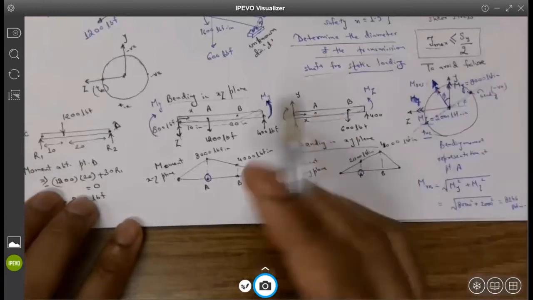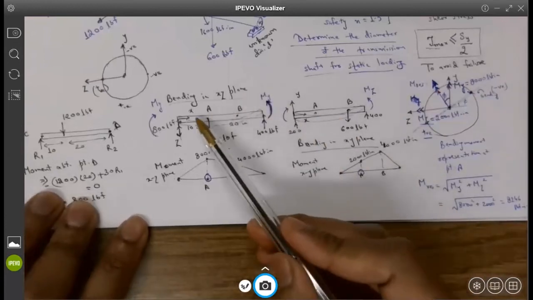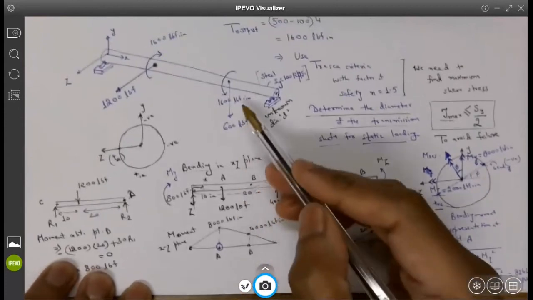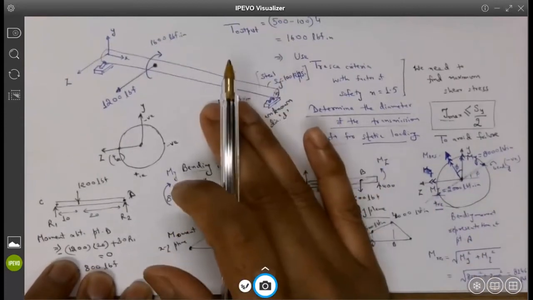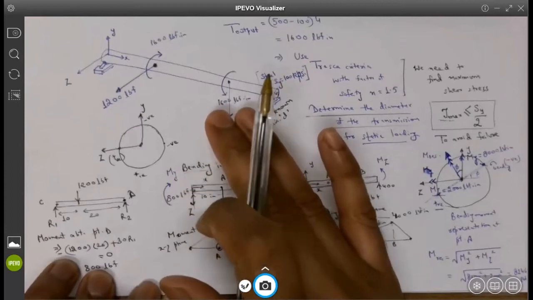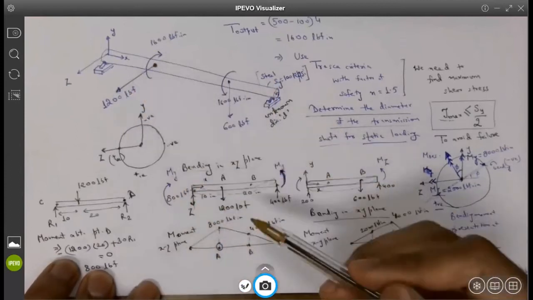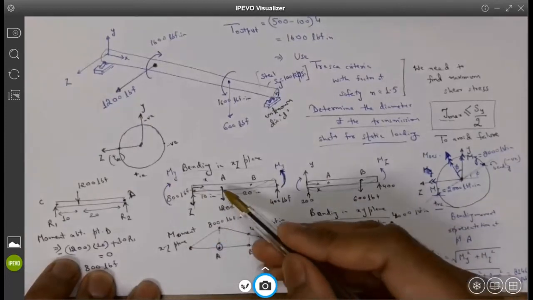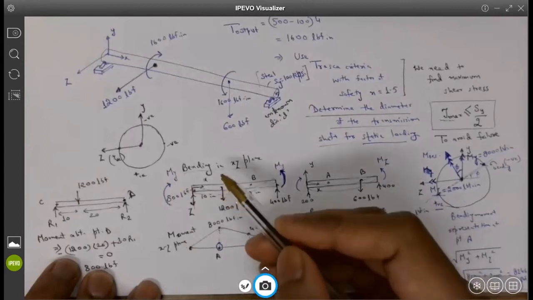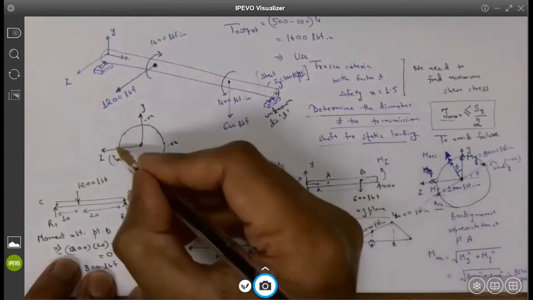So let me actually ask you guys. Assuming that this 600 pound force would not have been acting, which is basically making things complicated, it is only this 1200 pound force acting. So we actually know that this is the maximum bending moment, and this is the point at which the stresses would have been the maximum, which, if you look at the YZ location, would be this.